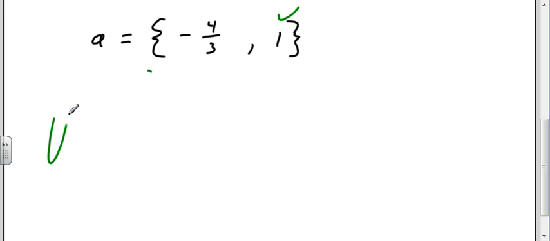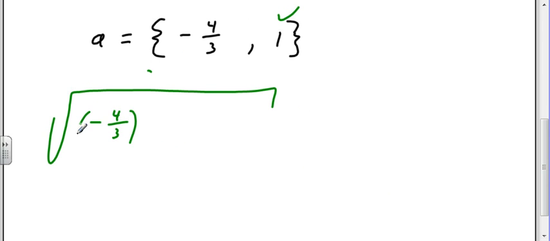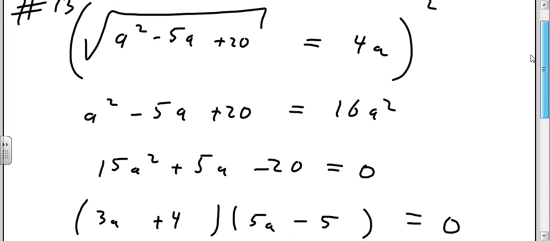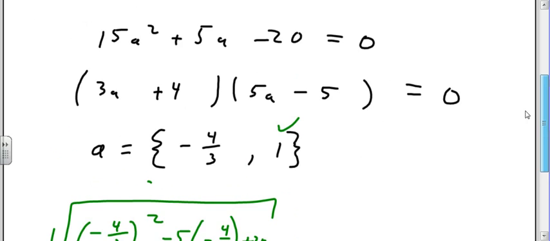Okay, so I'm looking at the square root of minus 4 over 3 squared minus 5 times minus 4 over 3 plus 20, okay, that's all right.